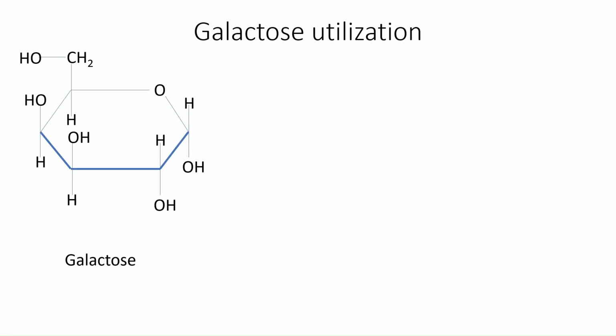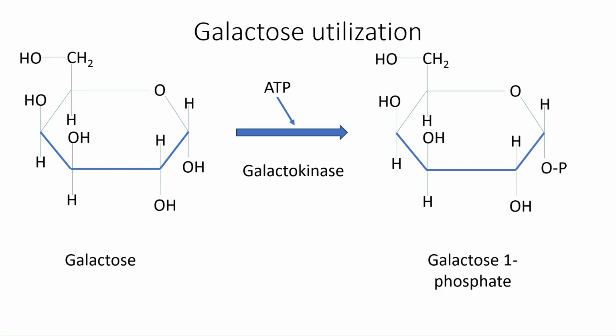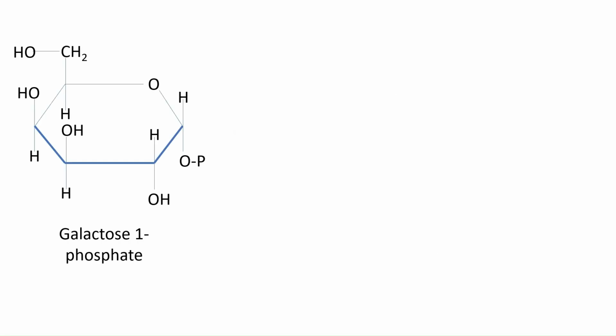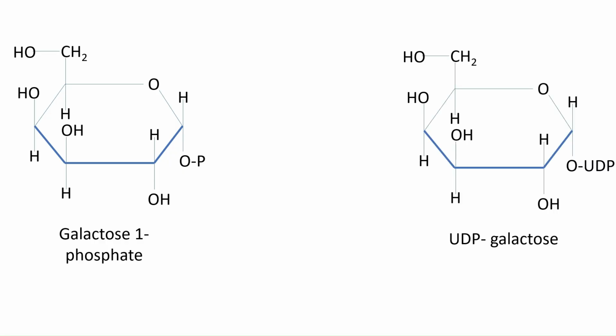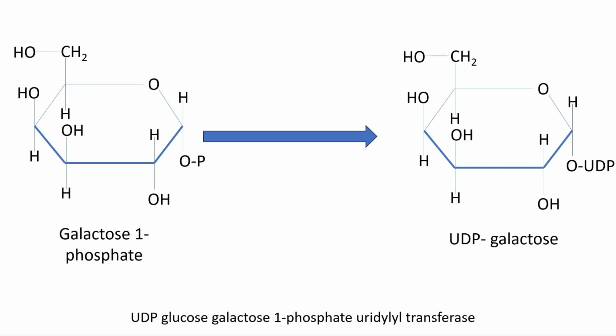Now on to the second monosaccharide, that is galactose. So galactose is first converted to galactose 1-phosphate by enzyme galactokinase, again using ATP. Now galactose 1-phosphate is converted to UDP galactose by enzyme UDP glucose galactose 1-phosphate uridylyl transferase.